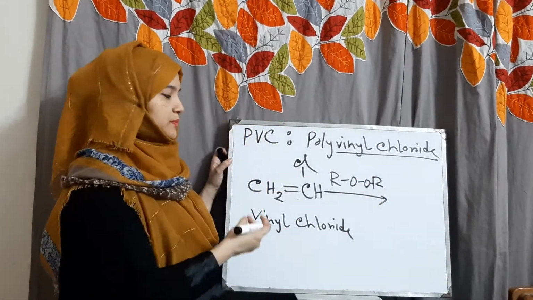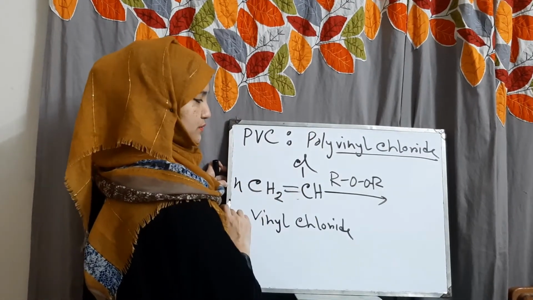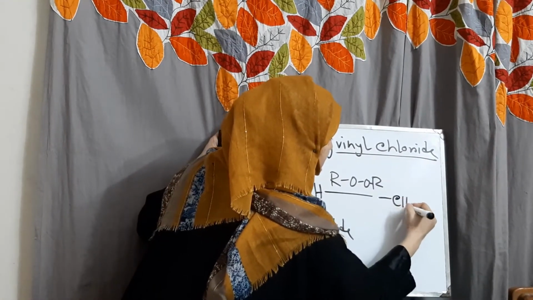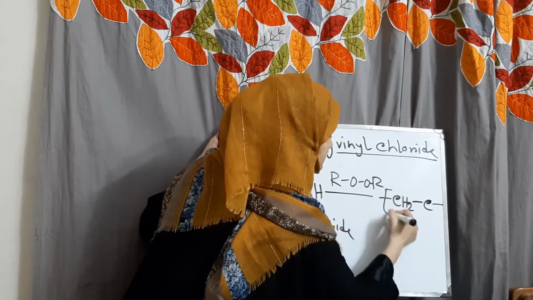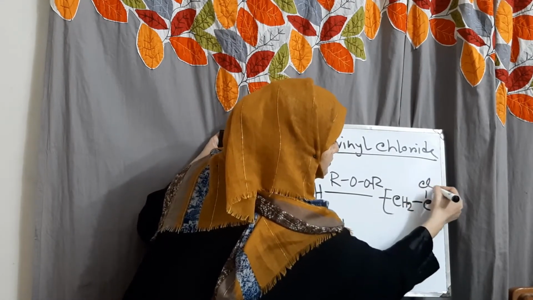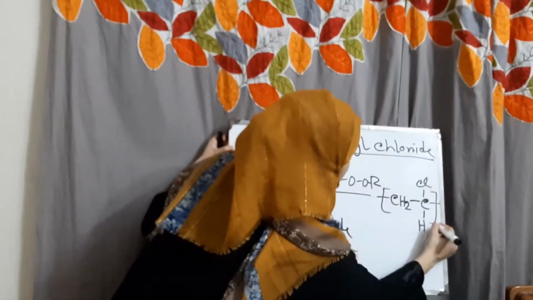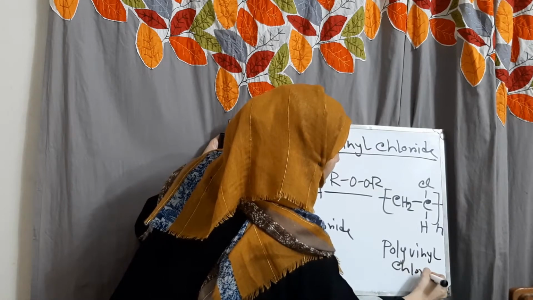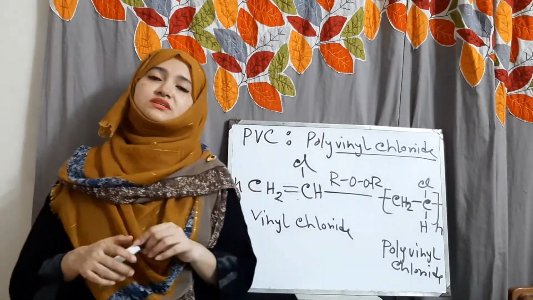In presence of organic peroxide, a number of vinyl chloride molecules join together and form polyvinyl chloride, CH2 single bond, C bond, chloride, and here hydrogen, and here small n. This is polyvinyl chloride.